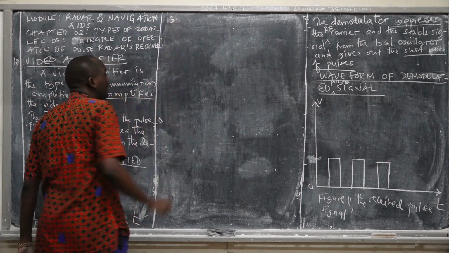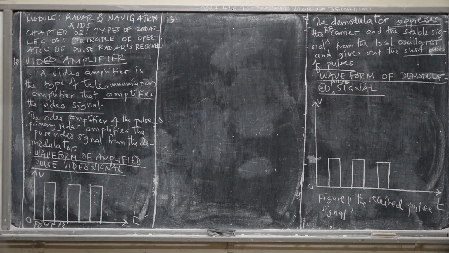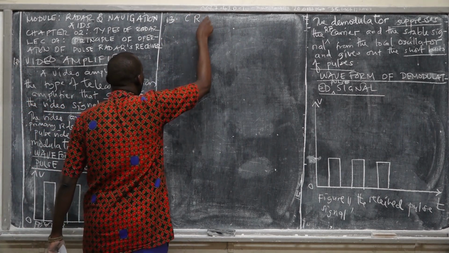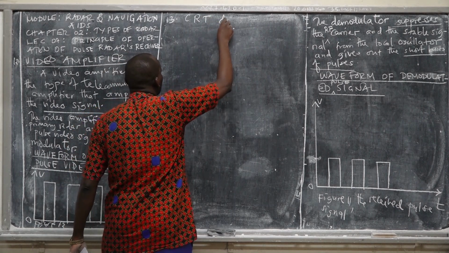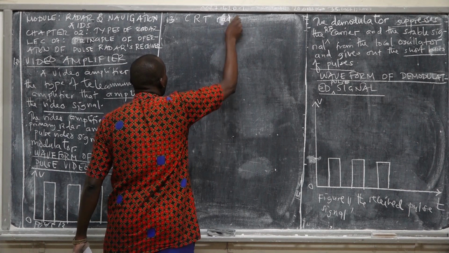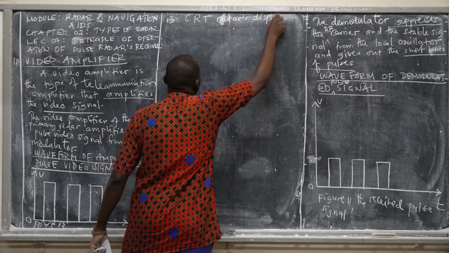The last block is the display. We call it CRT: cathode ray tube. Radar display.